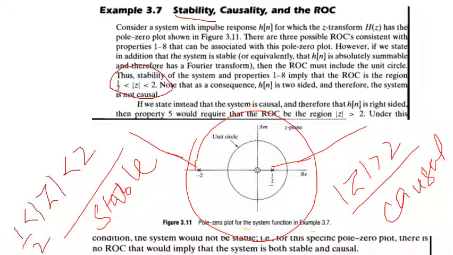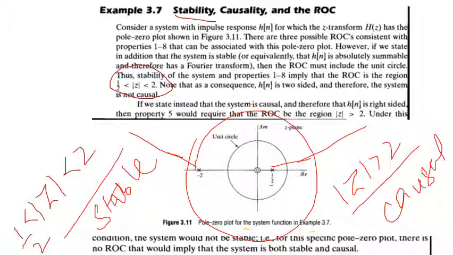So it is very easy to find the stability and causality of the signal based on the ROC. This kind of Z-transform, this pole-zero plot, cannot be causal and stable at the same time, because for a signal to be causal and stable, we need all the poles to be inside the unit circle.